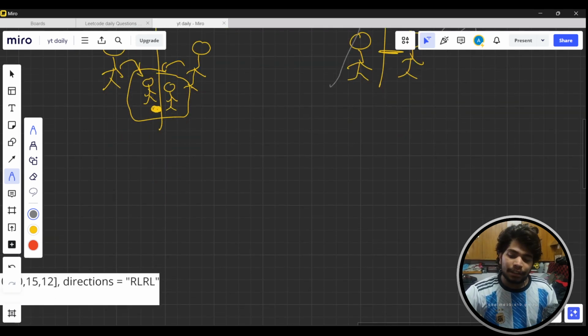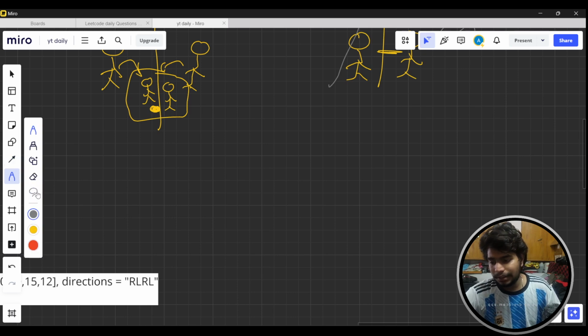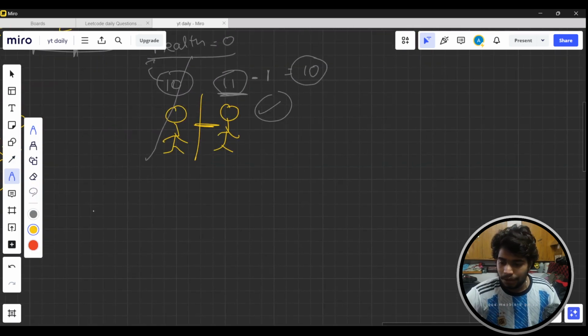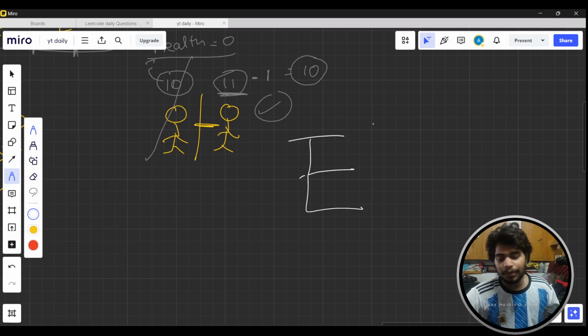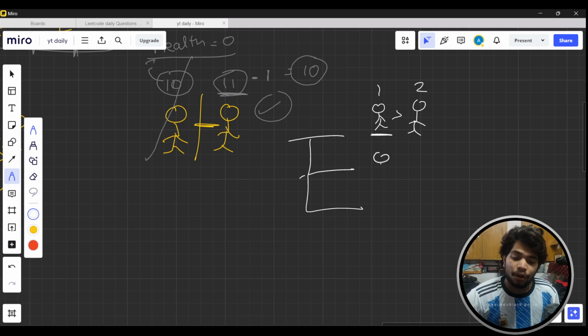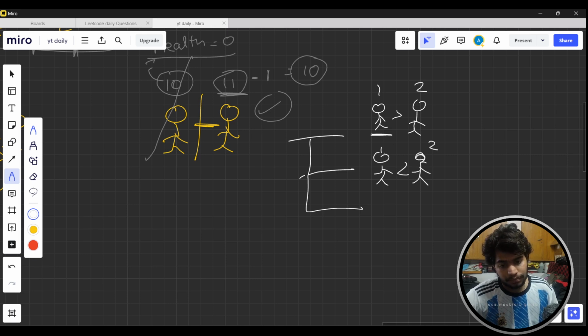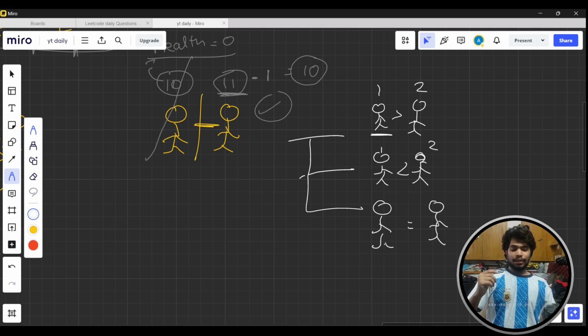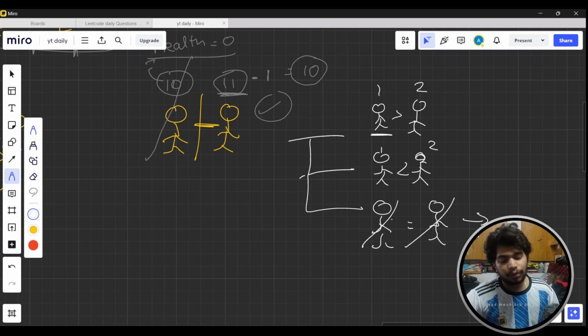So the collision can happen in three different ways between two robots. Robot one will be stronger, or robot two will be stronger, or both have equal strength or health. If that is the case, I have to kill them both.